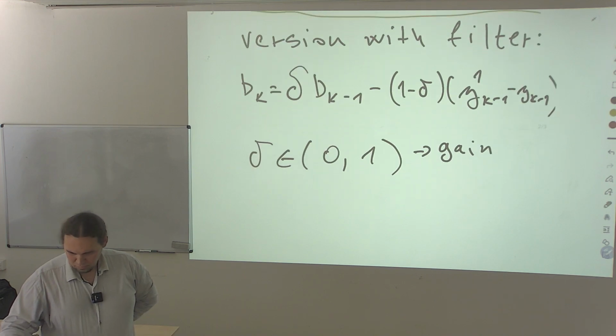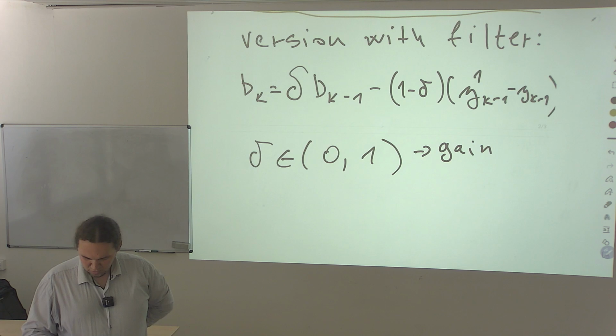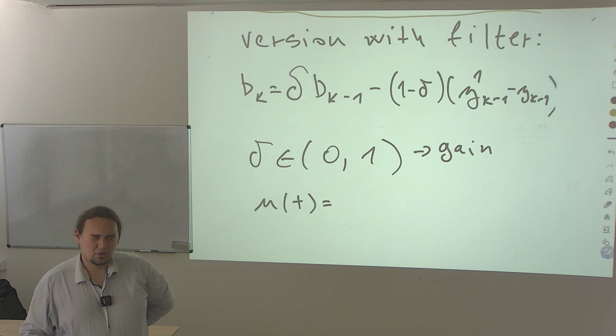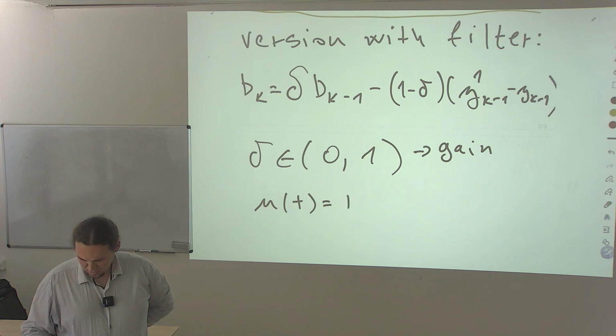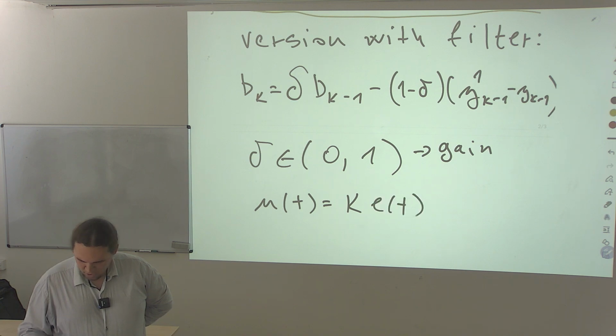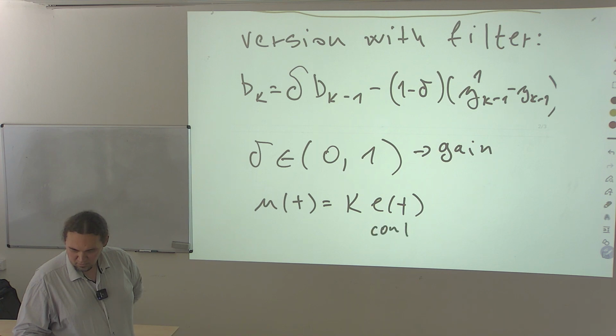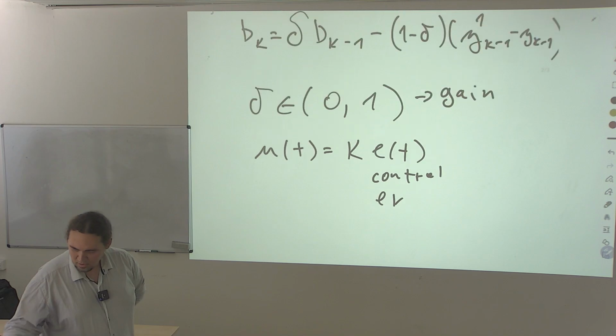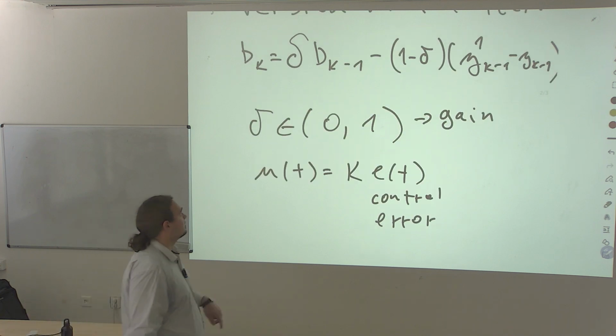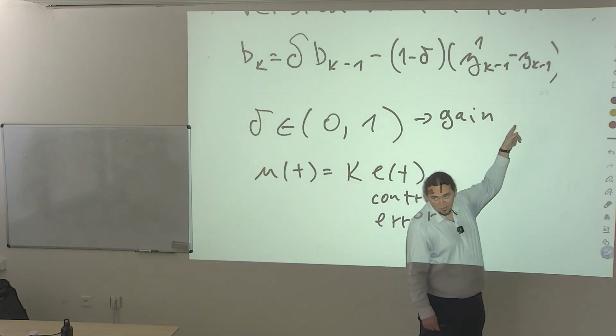If you think about this, this is similar to, let's say, some P controller. What is one way to represent the proportional controller? We have a control error, like here we have the prediction error.